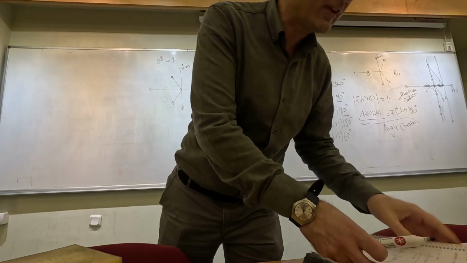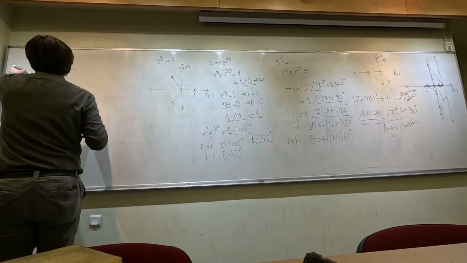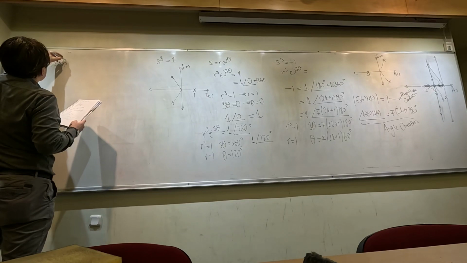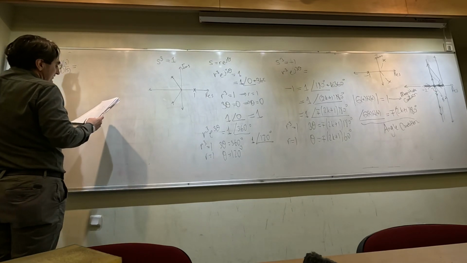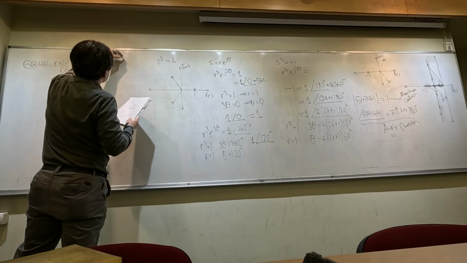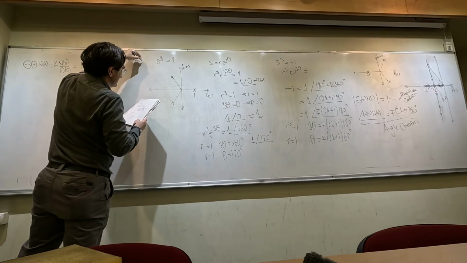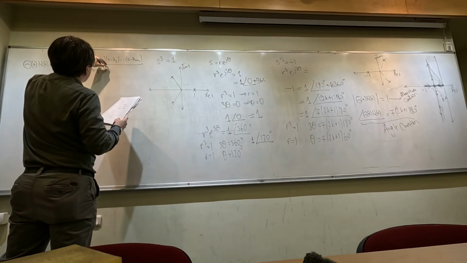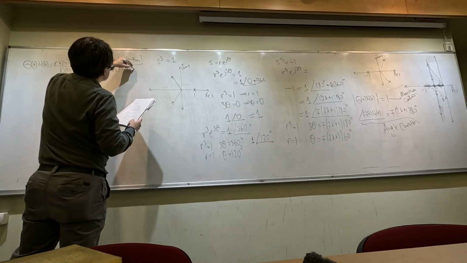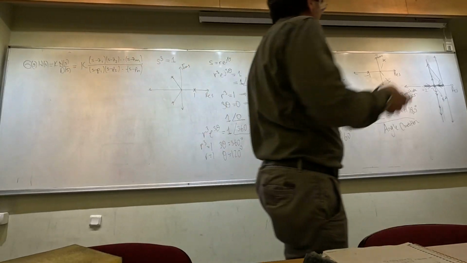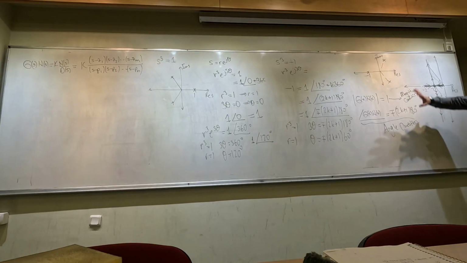So let us say that, for example, this g of s, h of s is k n of s over d of s. So let me say that this is k times s minus z1, s minus z2. Let me say that there are m zeros, okay? And let us say that there are n poles. In this case, let us try to write the magnitude condition and the angle condition.